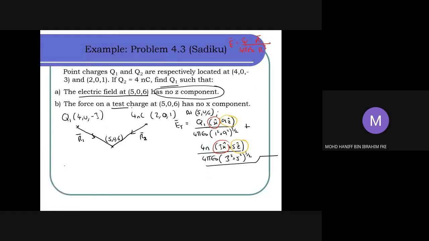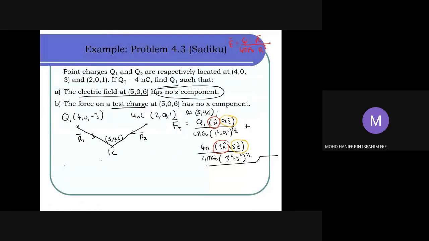Test charge is what? 1 coulomb. Test charge is a charge with the amount of 1 coulomb. There's nothing much difference here because 1 coulomb doesn't give us any significant changes on the equation. We just change the parameters from the electric field to the total force.